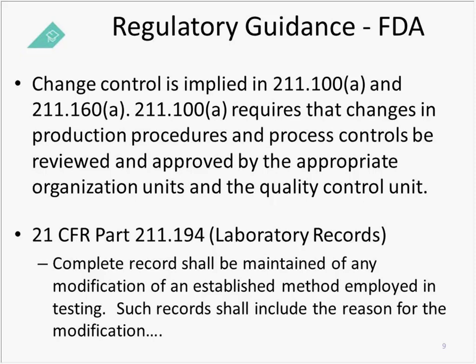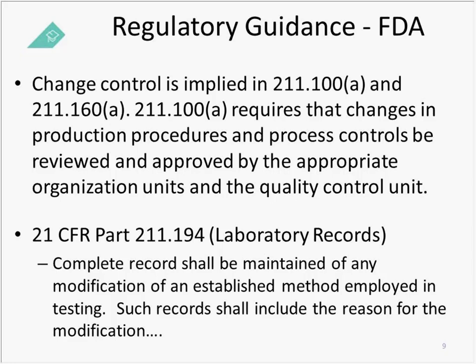So now that we've done some background work on the definition and the benefits, let's jump into the regulatory guidance. Let's start with the FDA, the Code of Federal Regulations. 21 CFR 210 and 211 govern pharmaceuticals, and change control is implied in 211.100(a) and 211.160.